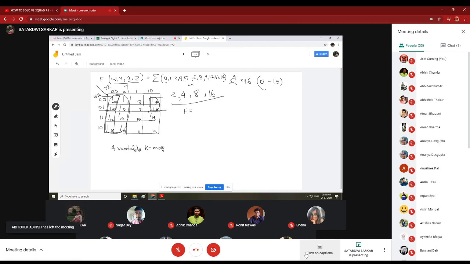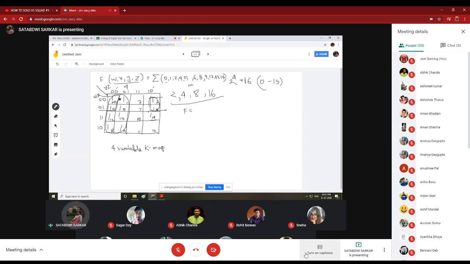So from these 2 cells and these 2 cells, if we group them together, we can get a value. How? See here, what are the values? This is Y Z bar, and this is Y bar Z bar. So Y is changing, but here the value of Z is 0, so it is not changing.